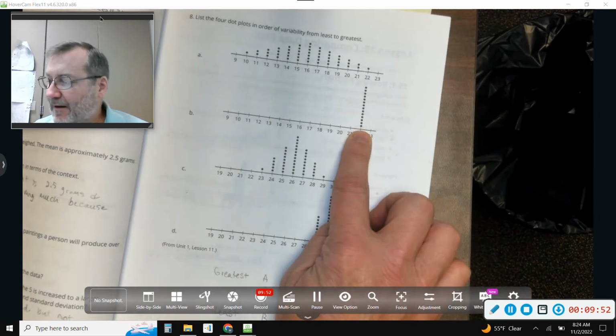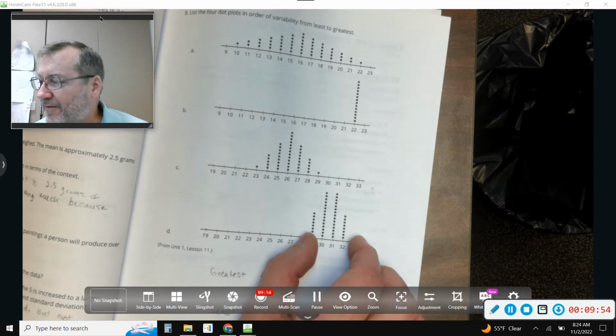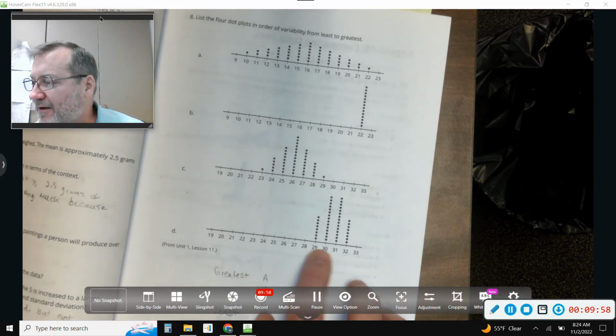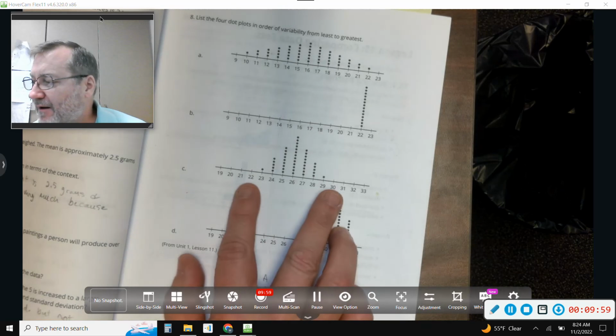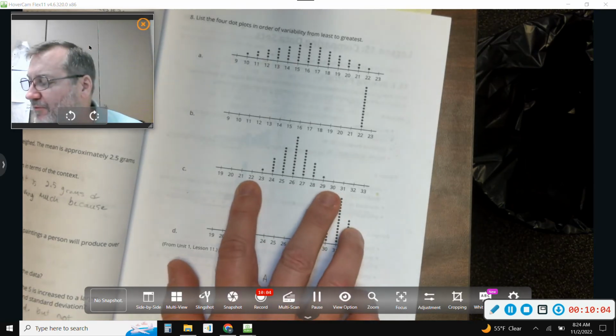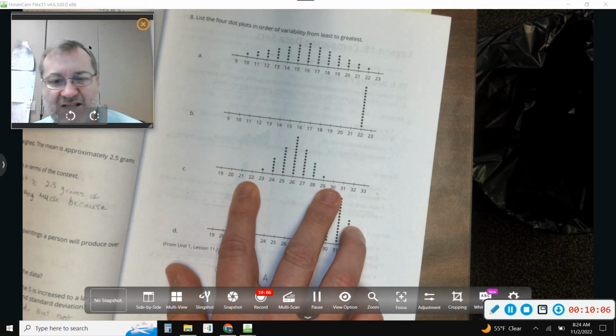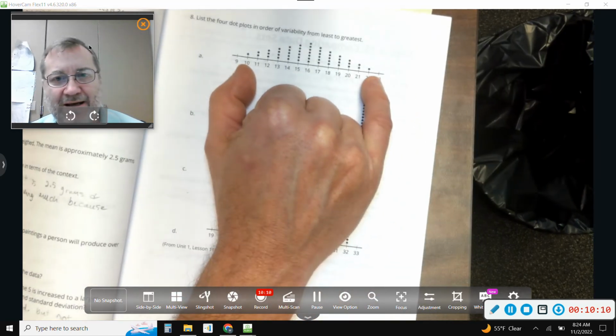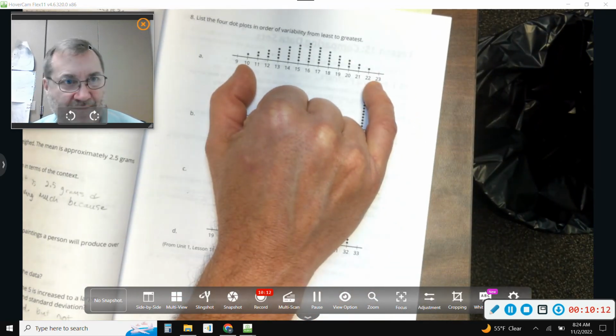And then after that, you have to figure out how much this spreads. Well, you go from 29 to 32, so you've got a variability of, let's say, 3 here. Now the variability here, 23 to 29, you've got a variability of about 6. And then you go up here, and the variability stretches between 10 and 22.